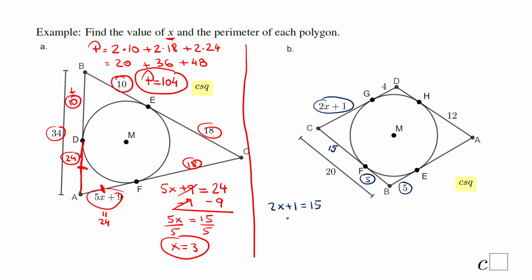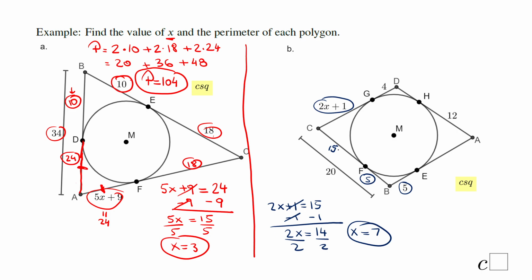I'm going to subtract 1, and I have 2x equals 14, divide by 2, x equals 7.